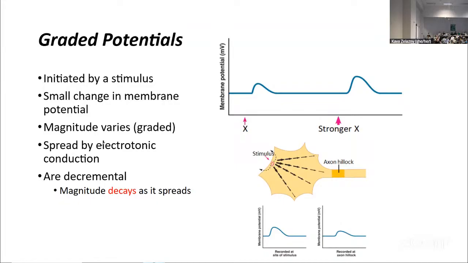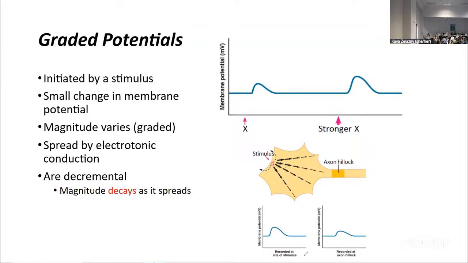More of them are clustered together at the spot where we first let them in, and they start to diffuse. A few of them end up over here, a few of them end up over here. That's how they're spreading, if they're floating away. And that's also part of why this strength is decreasing as we get farther away. Just by probability, fewer of them are going to get over to that.